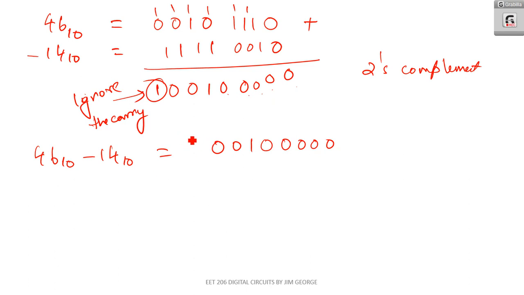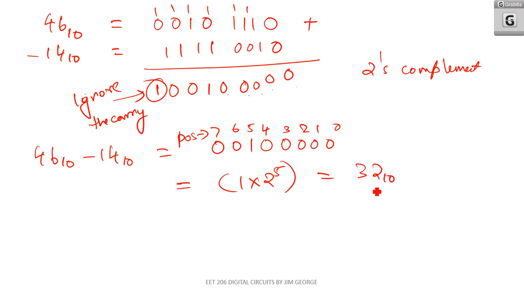Now we give the positions of it: 0, 1, 2, 3, 4, 5, 6, 7. If you need to find the decimal equivalent, that is 1 into 2 raised to 5. What is 2 raised to 5? 32. So the answer is 32 to the base 10. That is how we deal with 2's complement arithmetic.